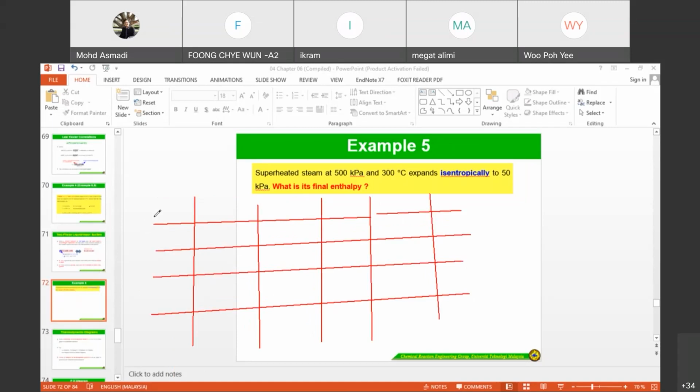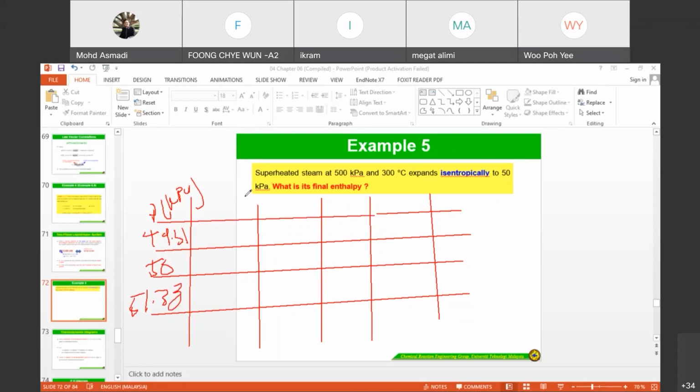Okay, so this one is the pressure in kilopascal: 49.31, this one is 50, and then 51.33. This one is enthalpy. This one is entropy.